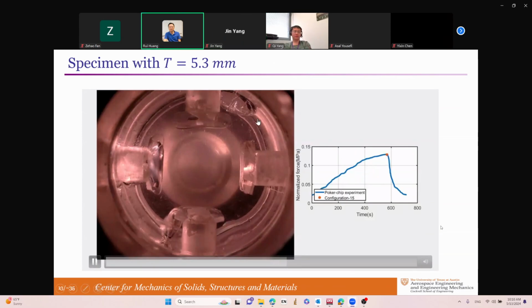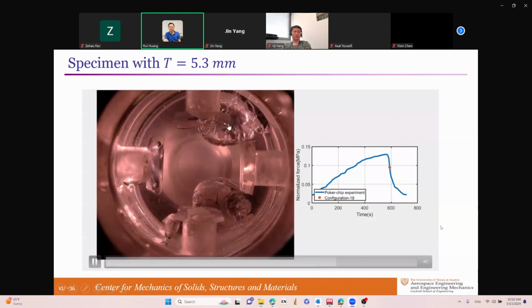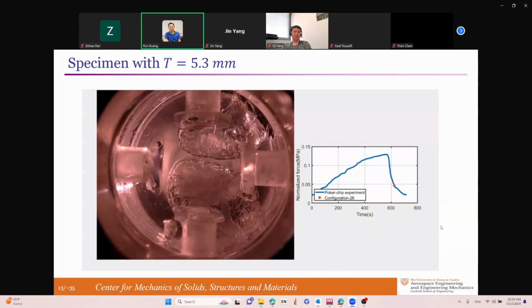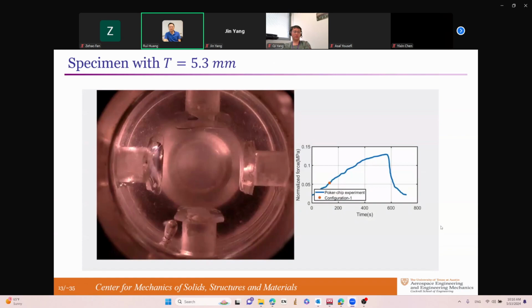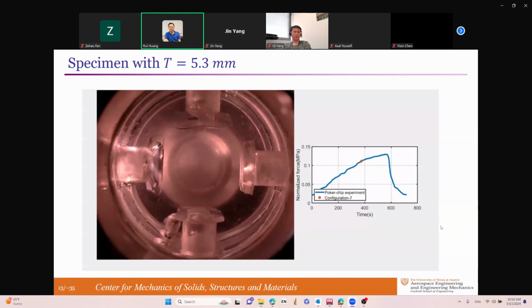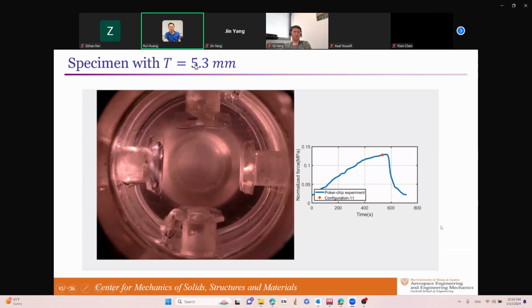Load starts to drop, but you can see associated with that, there's something going on over here and something from this side. And they approach each other and sever the specimen into 2 pieces. And we know from the geometry of this that it's nucleating at the outer surface for a thickness of 5.3 millimeters, diameter 25 millimeters.